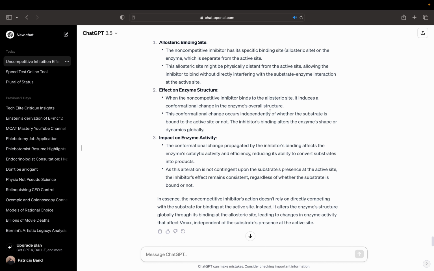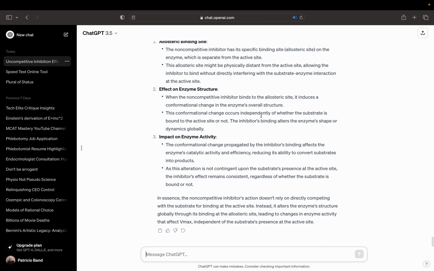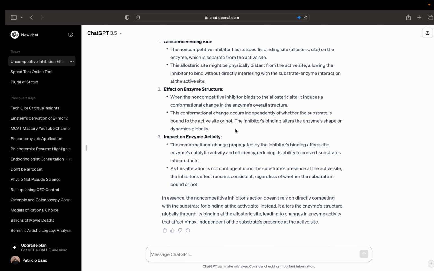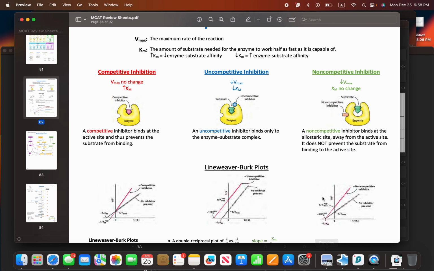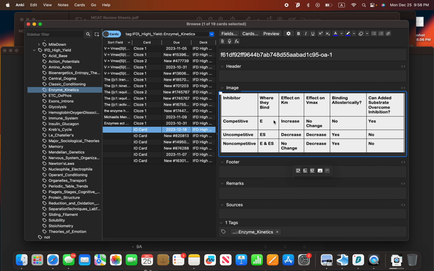It induces conformational change independently, altering the enzyme shape or dynamics globally. Because it's on the allosteric site, the conformation will change.